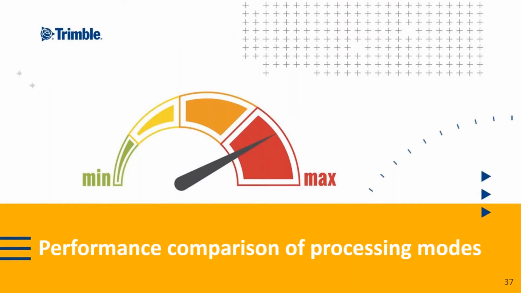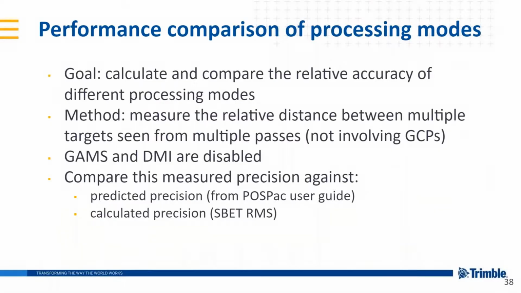So these are all the processing modes we will introduce. After introducing all the different processing modes, I will compare the results from the different processing modes that we tested, based on the dataset we got from our customer ESP. The goal of this comparison is to calculate and compare the relative accuracy of different processing modes.